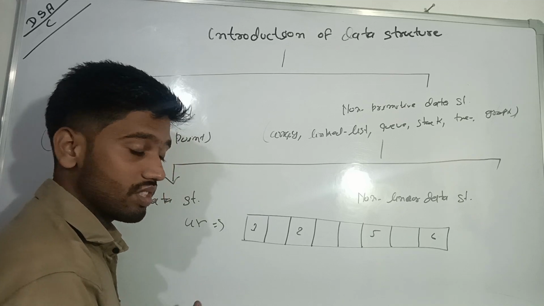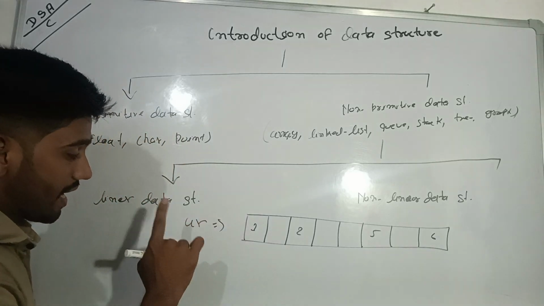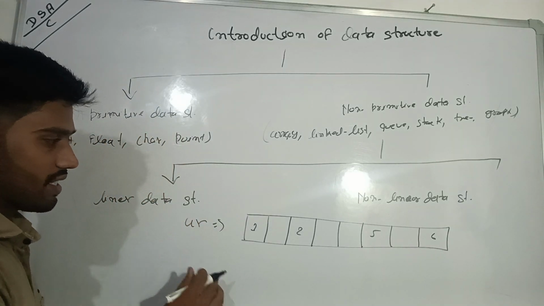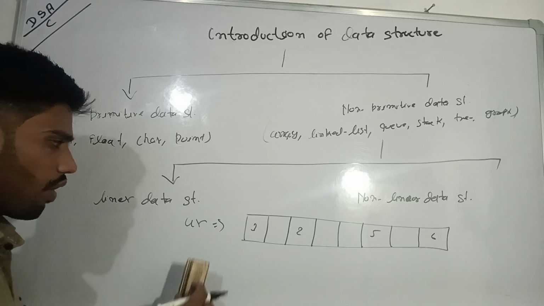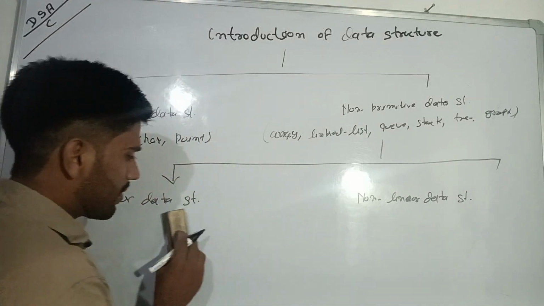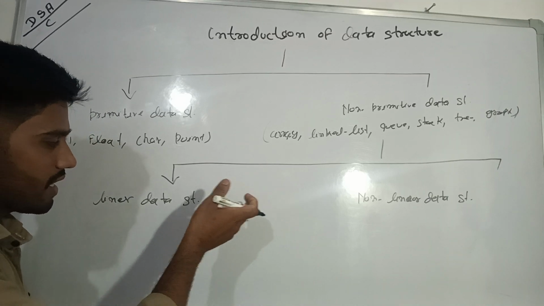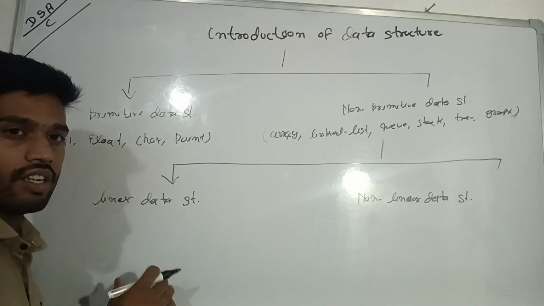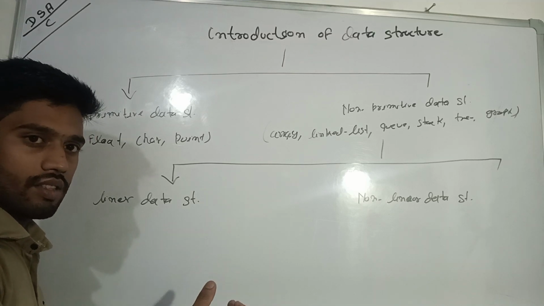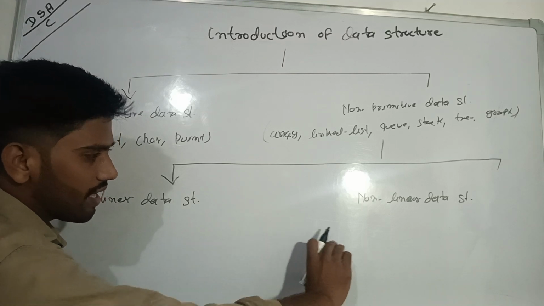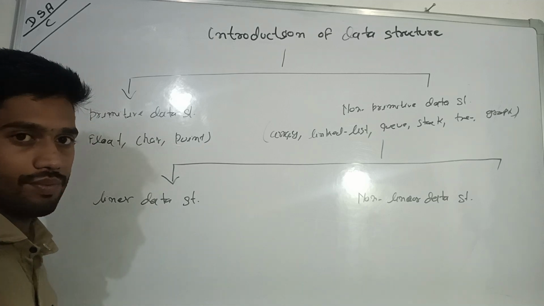No, that is not possible. In the linear data structure we can always manage the data in sequential order, which means traversal is always in a sequential order.